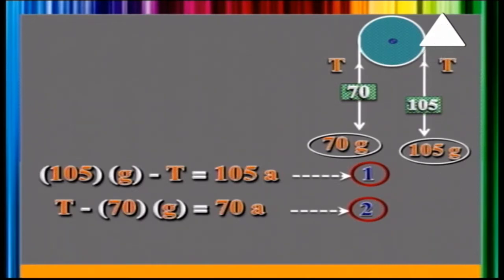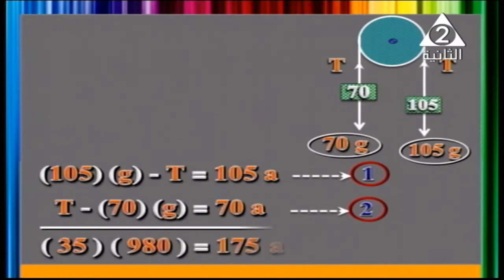My dear student, we have two equations in three unknowns. Look, g in the first and g in the second, a in the first and a in the second, g equals 980.